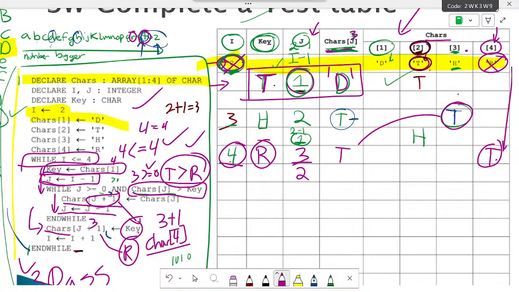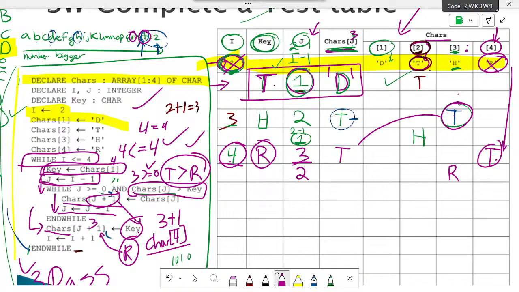Where do I need to put this R? J plus 1. Right, J plus 1 is 3, so char 3 is this position. So right here, this is the R. This is where you are missing one block, right? You write it, okay?